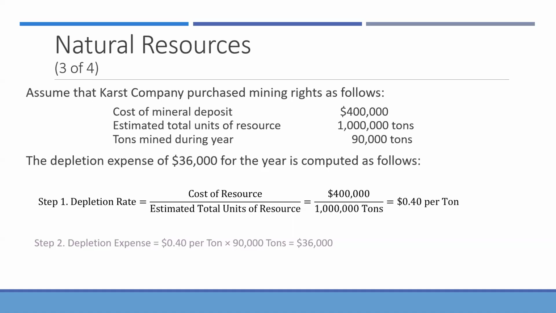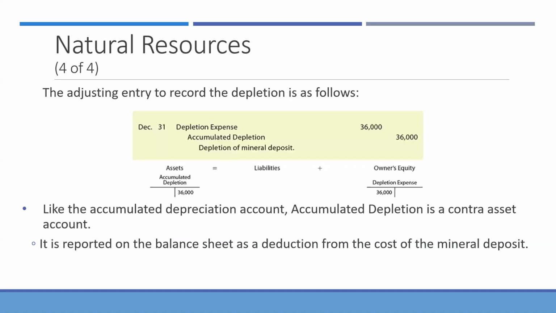We adjust our depletion estimates as well every year. But it's only going forward. We don't go back into the past to adjust. It's our best estimate of allocating the cost.